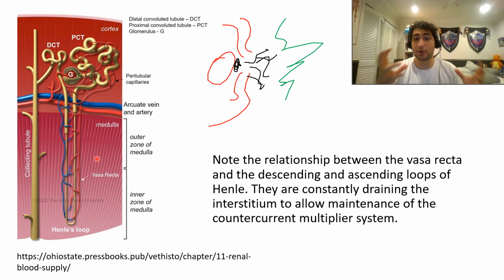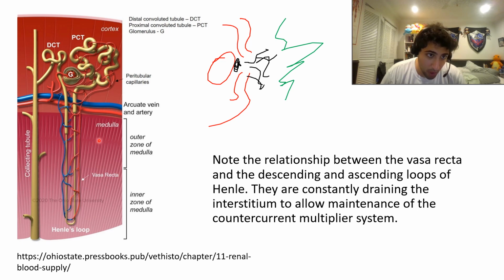Because remember, there's the countercurrent multiplier system. What does that mean? We're going to talk about it more on other slides, but I'm going to talk about it once here. As fluid filters into the Bowman space, which is represented by this empty space cut into the glomerulus, the fluid will drain from the glomerulus and go through these capillaries and drop down.